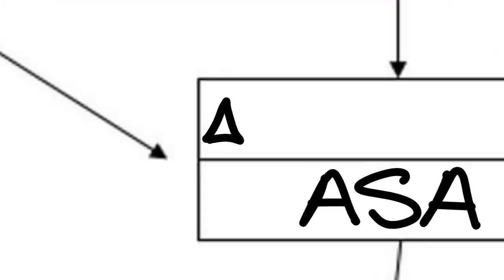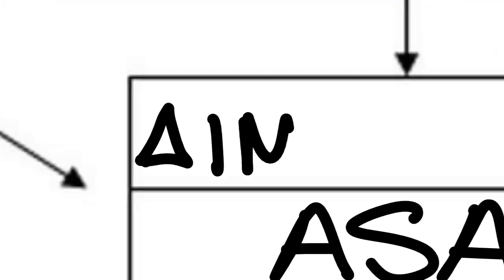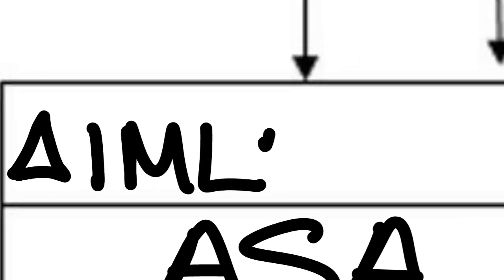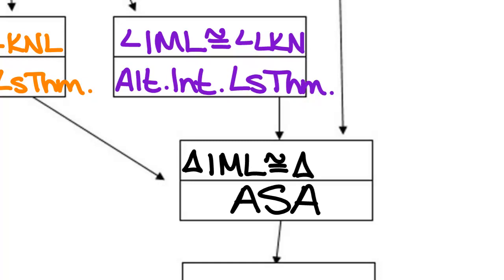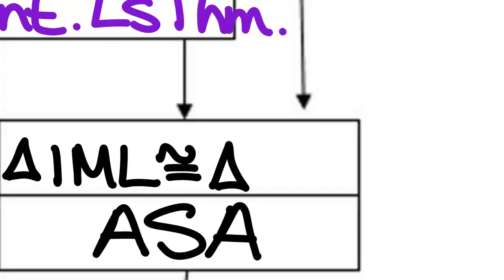And now I need a triangle congruent statement. I can say that triangle, let's see, triangle IML is congruent to triangle. Now I have to match up the corresponding congruent parts. I corresponds to what on the other triangle? N. I and N correspond. So I have to start with N here.